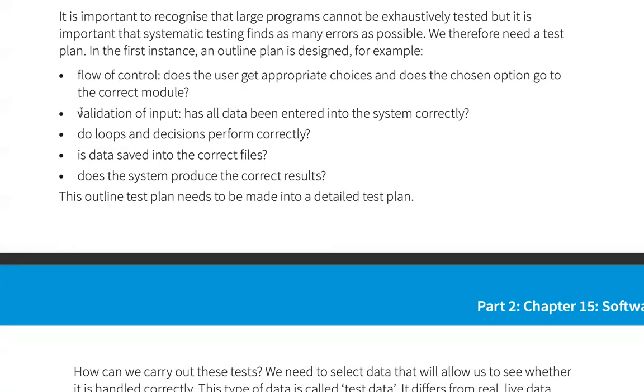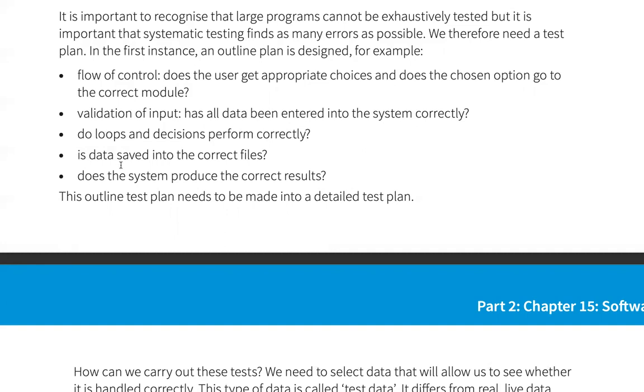Now, if you remember, validation requires that my inputs are made sensible. So if I require only numeric inputs for a particular field, my validation checks should make sure that only numeric inputs are being input. If there's some sort of format being used, my validation should ensure only a certain type of format is being used. Are loops working correctly? Do they run an appropriate number of times?